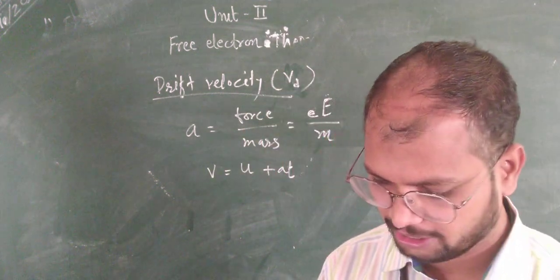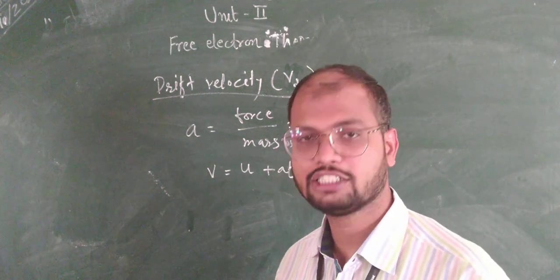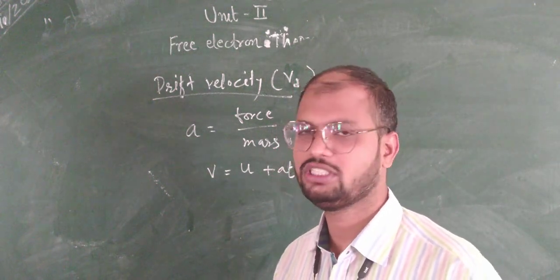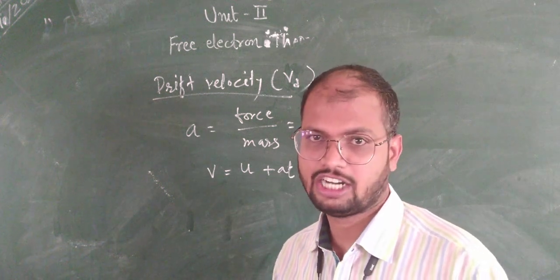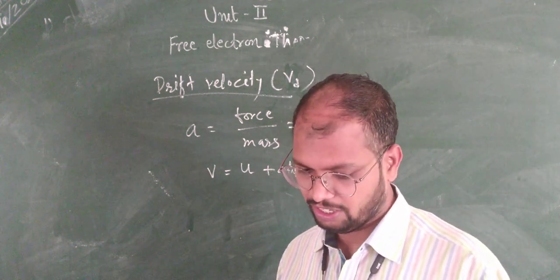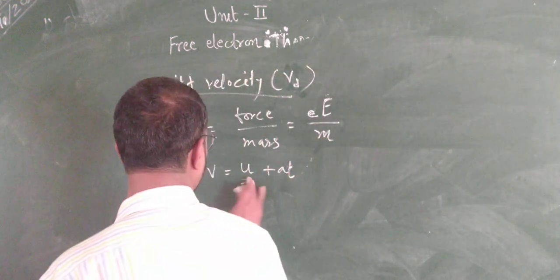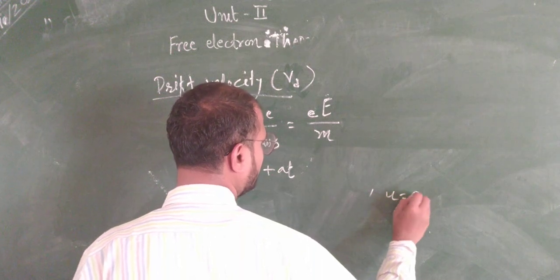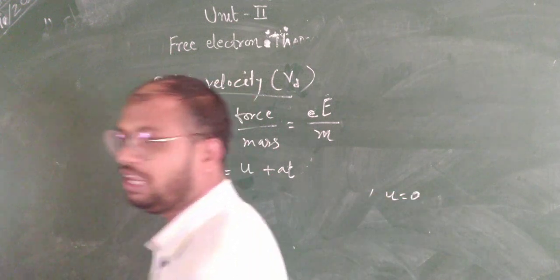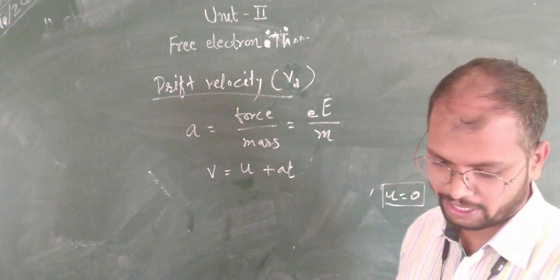After each collision, the electron starts moving in a new direction with zero initial speed. So u is the initial speed, and after every collision it starts to move in a new direction, so the initial speed of the electron u should be 0.